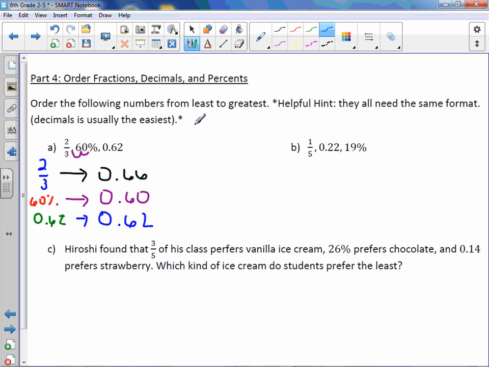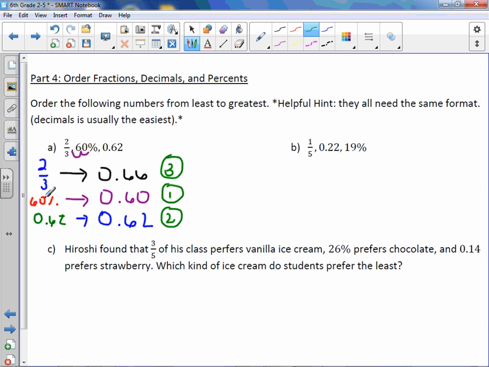We are ordering from least to greatest. Compare each digit. Zeros, 6s are the same, and then we have 6, 0, 2. 0 is the smallest, so I'm going to mark that with the number 1. Then the 2, then the 6. As before, we need to write them in their original form, which is why I like listing them.